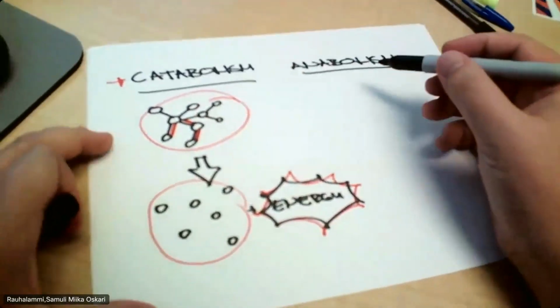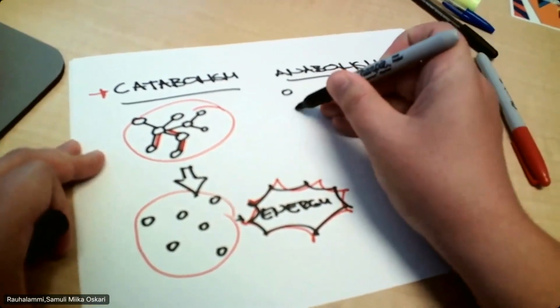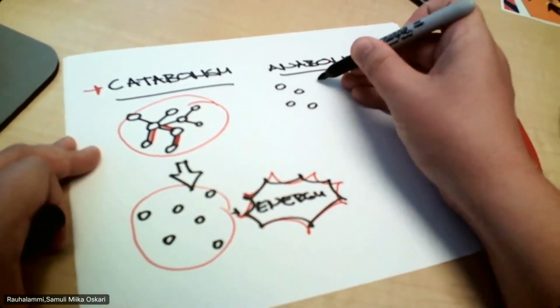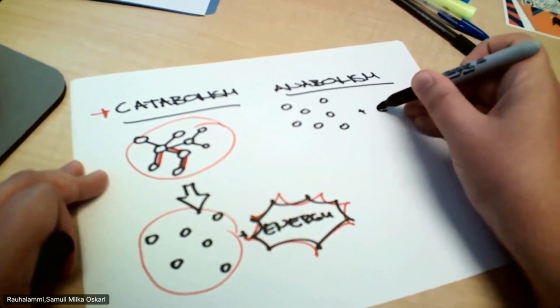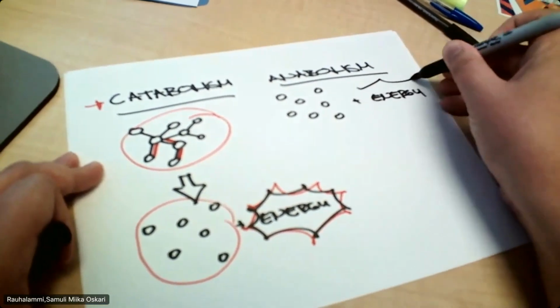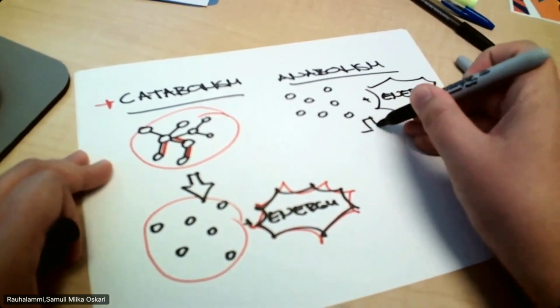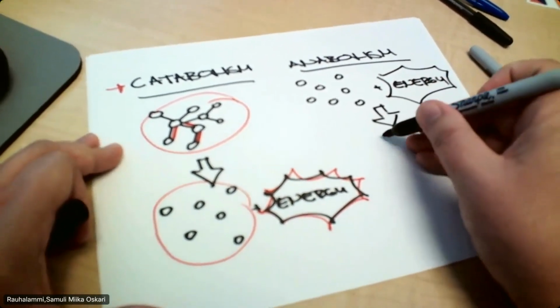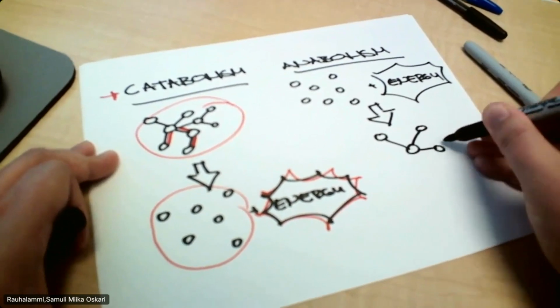Let's have a look at anabolic reactions. In anabolic reactions, we again have individual atoms, but if we add energy to this reaction, we can join these individual atoms together to form a larger molecule.